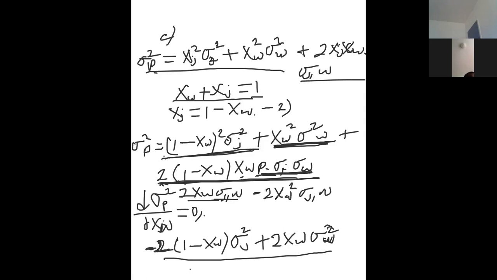Now, when I expand the other part, it becomes XW times XW, so XW squared. Multiply by 2, that will give you 2XW squared, but there's already a negative here. And I multiply by the correlation times the standard deviation of J times the standard deviation of W, the same as the covariance of J and W. Is it okay? Yeah.